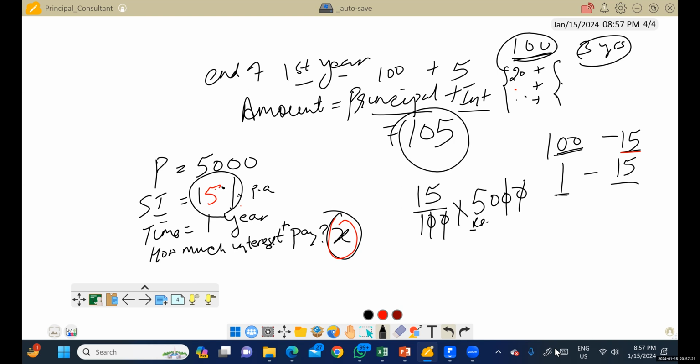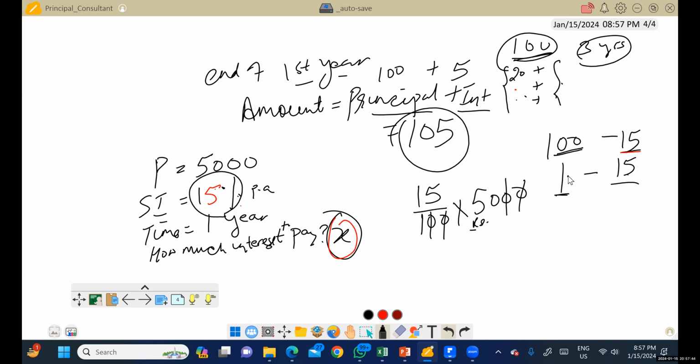Priyanka, if I have 100 rupees and I pay 15, but if I borrow 1 rupee, will I pay more or less interest? Can you repeat the question?